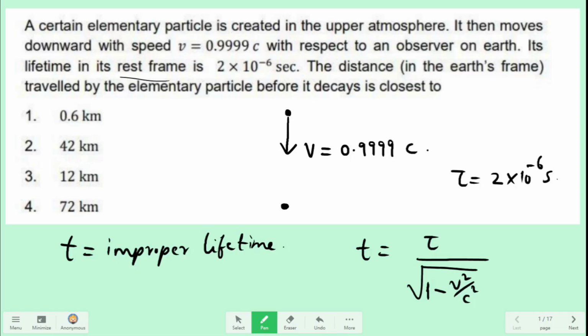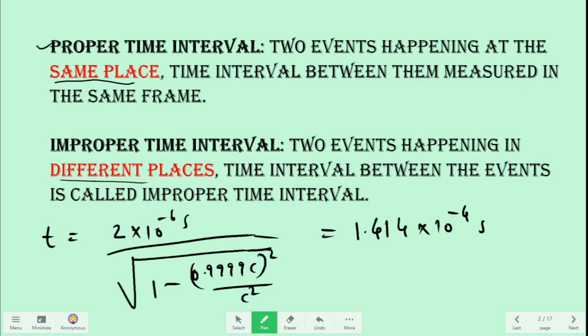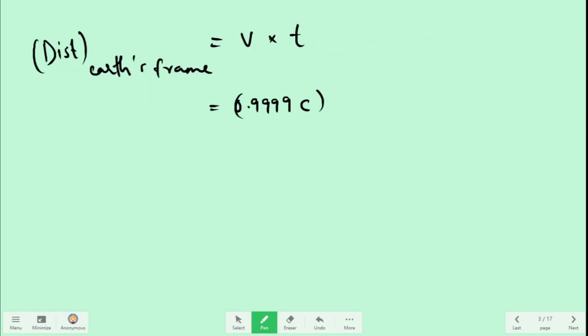Now the question is to calculate the distance traveled by the elementary particle before it decays, and that too in Earth's frame. So distance in Earth's frame is equal to speed times time in Earth's frame, which is t. So this is 0.9999c times t in Earth's frame, which is 1.414 × 10^-4 second. Here c is 3 × 10^8 meters per second.